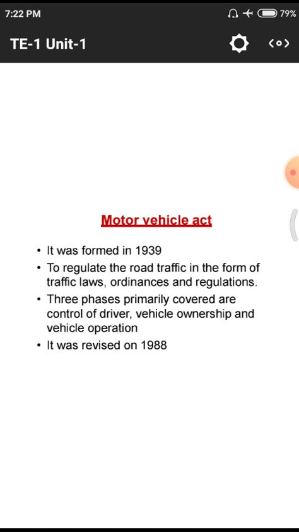That means before this Motor Vehicle Act, there were no rules and regulations for road traffic. Few rules were there, but those were not followed by the users.